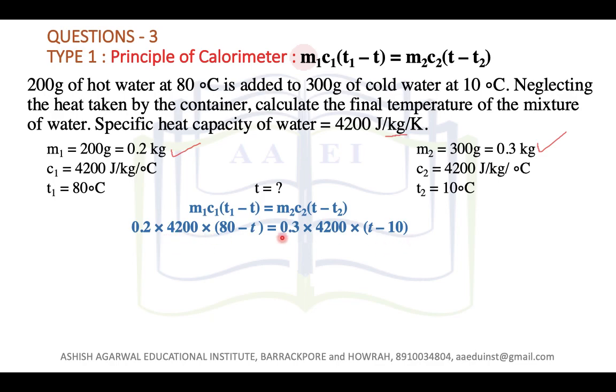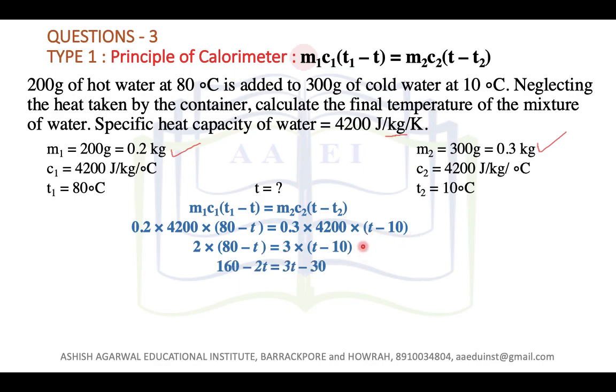We can see 4200 should cancel out, and 0.2 we have converted by multiplying the entire equation with 10, so we have made it 2 and this has become 3. So 2 into 80 minus t is equal to 3 into t minus 10.